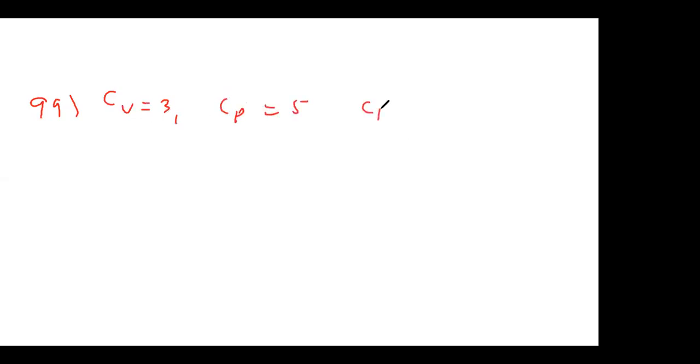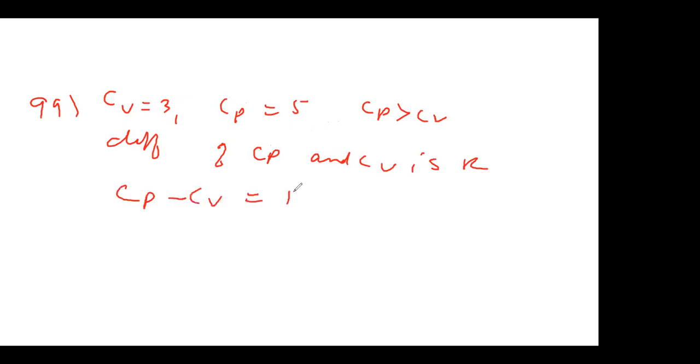That means here Cp is greater than Cv. The difference of Cp and Cv is R. So Cp minus Cv, we will check whether it is R or not.